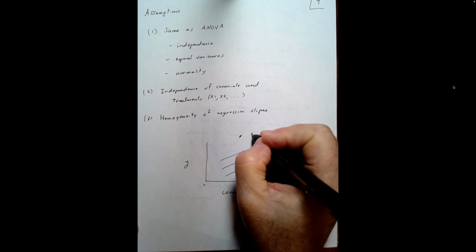We want to eyeball this and test that these regression slopes are the same. Now, if I add in an x4 and it looks like this, then I have a violation of the homogeneity of regression slopes. And what do we do when that happens?